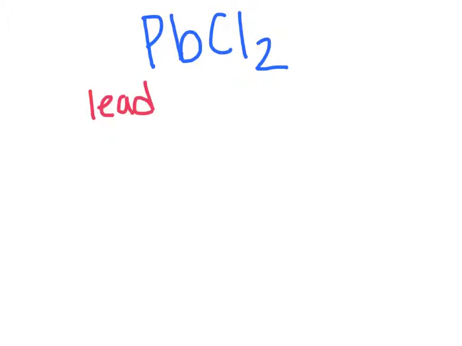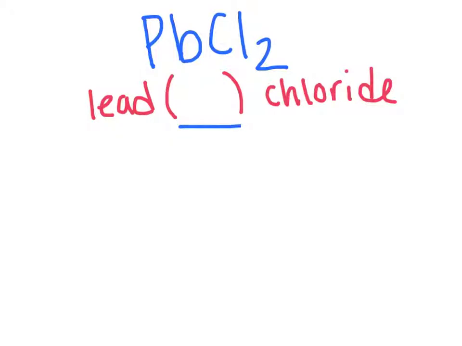I know that lead has more than one charge, so I need to fill in the parentheses, and then I need to write the root of the nonmetal with IDE. That's step 1. Step 2 is to find the charge that goes inside of the parentheses, and there are actually a lot more steps involved in that, so you can say step 2A, step 2B.